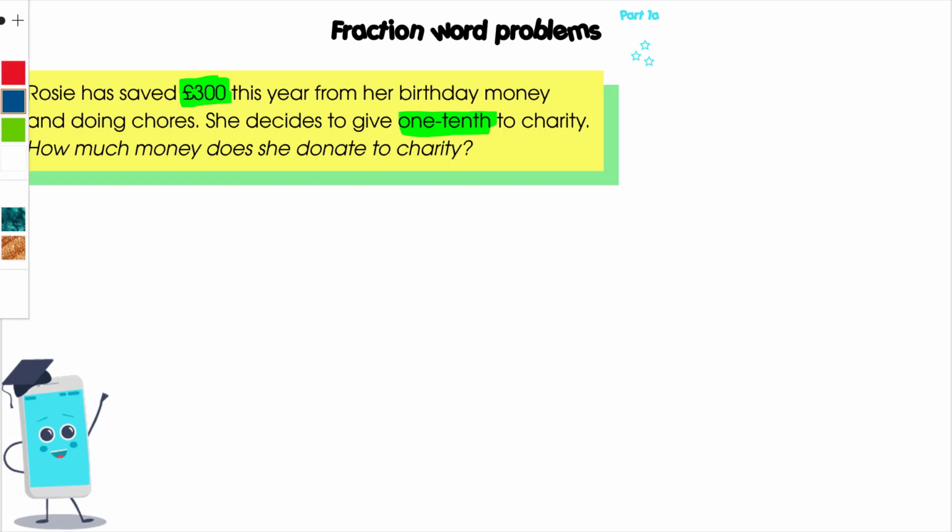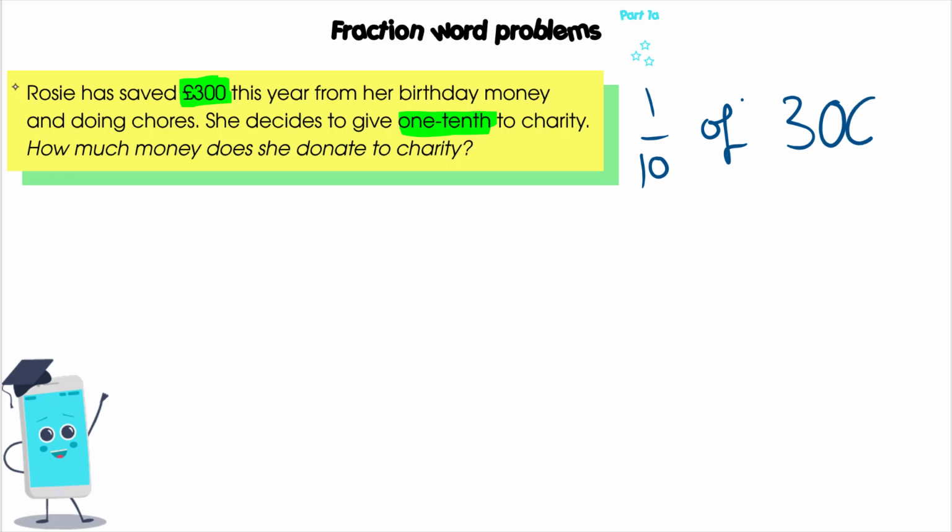So she's got £300 and she's donating 1/10, which means it's 1/10 of 300. I'm going to write that in before I do my calculation. So I know that I need to divide by the denominator. So I know that I need to do 300 divided by 10.